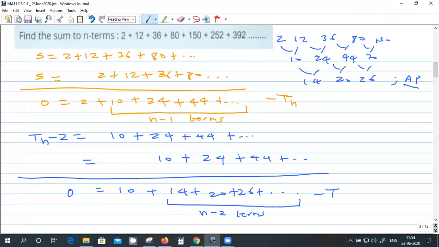See, this T is T of this series, that is different from the first series. So the general term of this series is Tn. The general term of this series, let me call it T prime n. And this series has got n minus 1 terms.